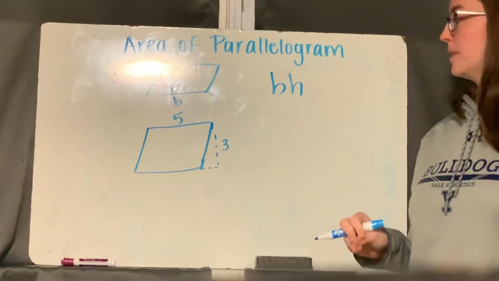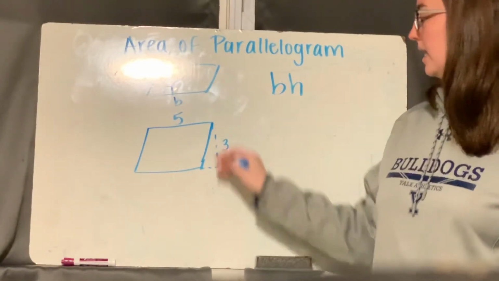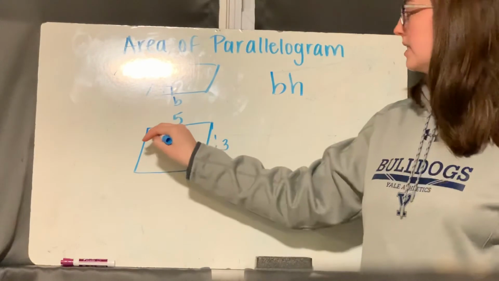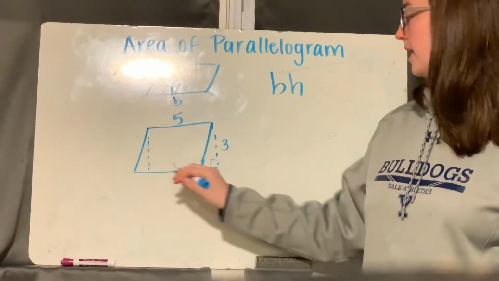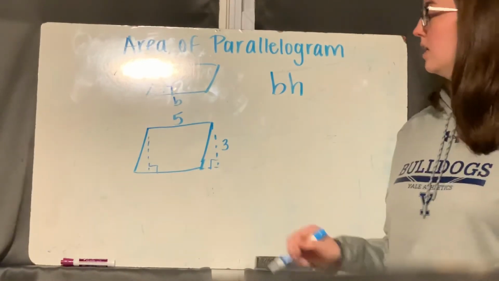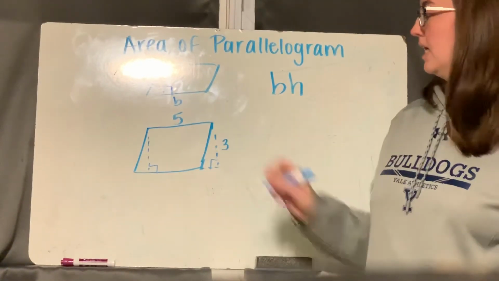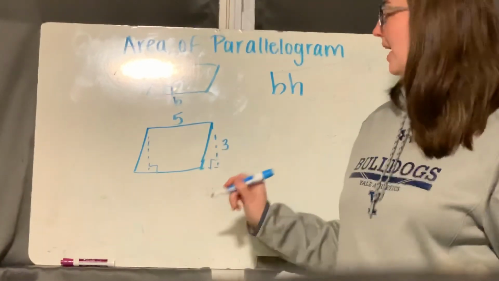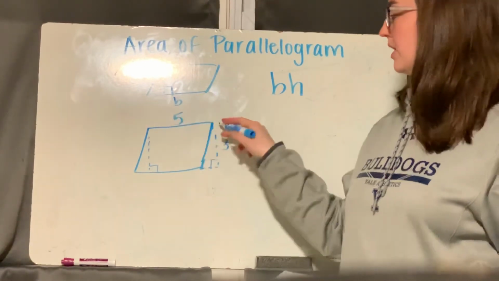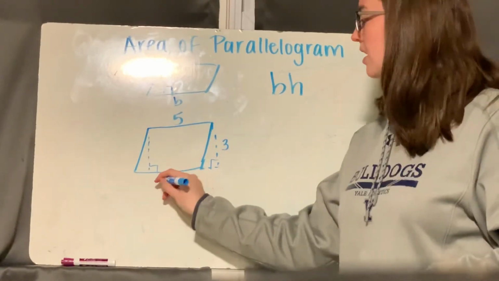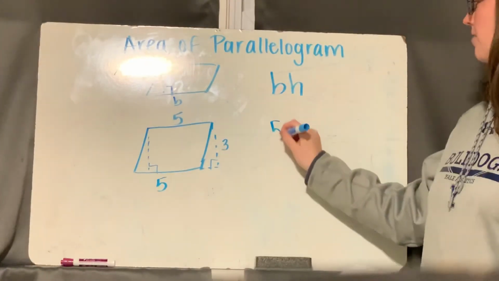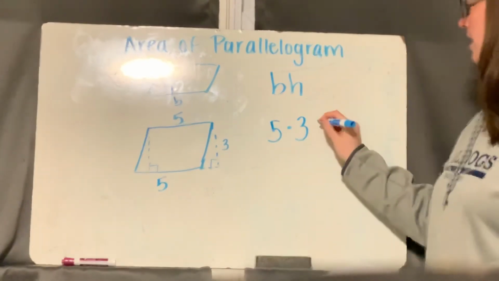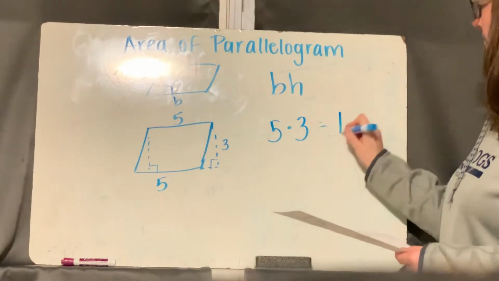No matter what, it's going to be the same thing because this length connecting the bases here is going to be the same as this length connecting the bases here. This forms a right angle, this forms a right angle. So this is the height, and then that's the base. Because this up here measures 5, this down here also measures 5. Okay, so my base is 5, my height is 3, that's going to give me 15.